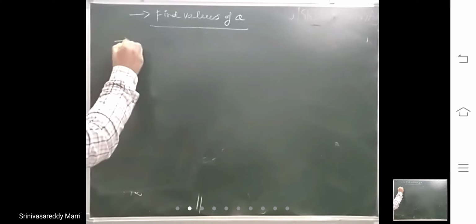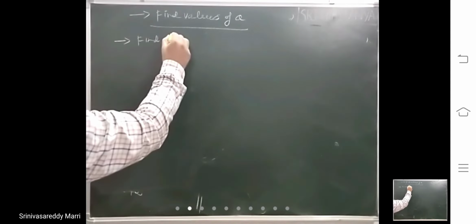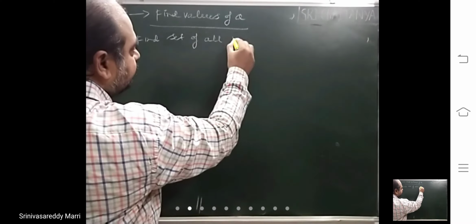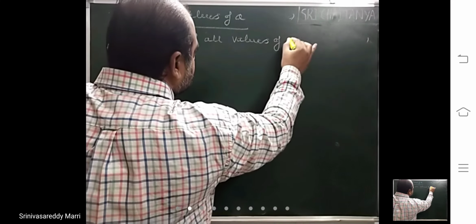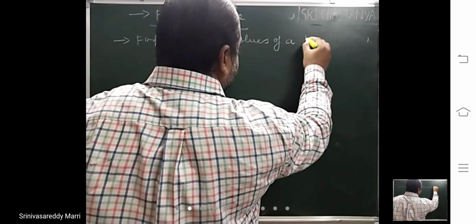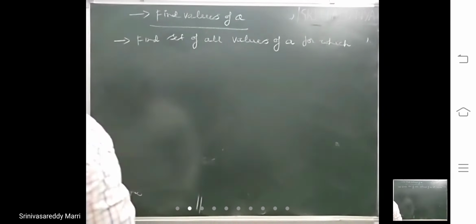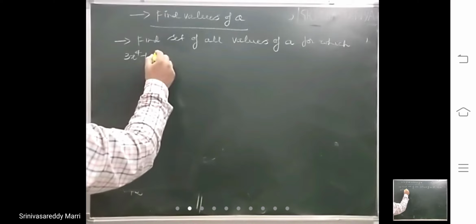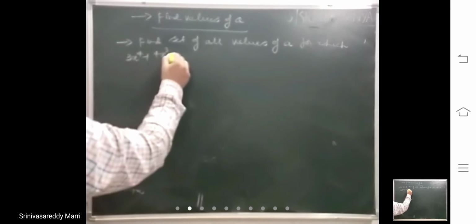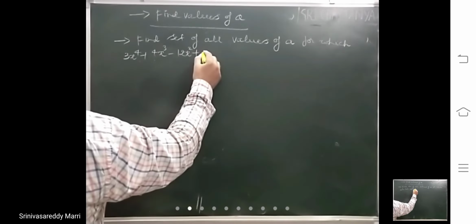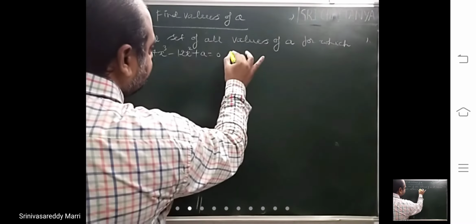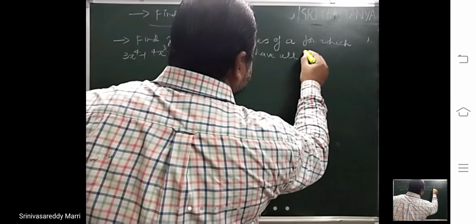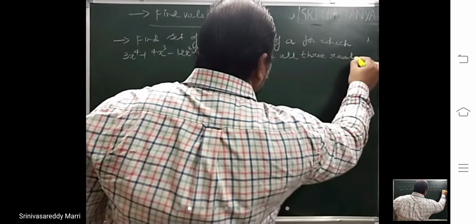Look at the question. Find the set of all values of a for which the equation 3x power 4 plus 4x cube minus 12x square plus a equal to 0 will have all three real and distinct roots.